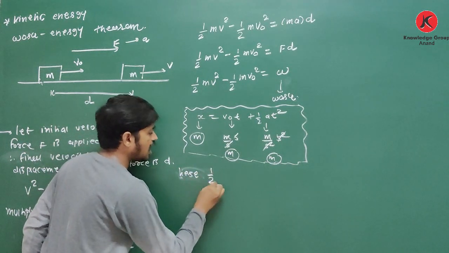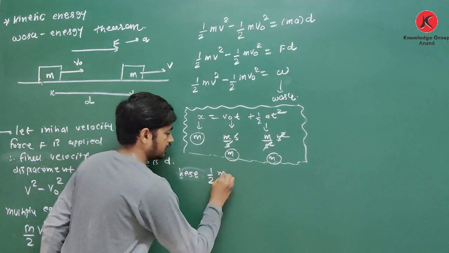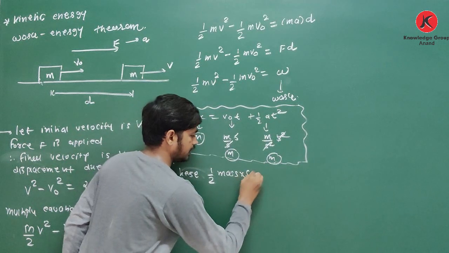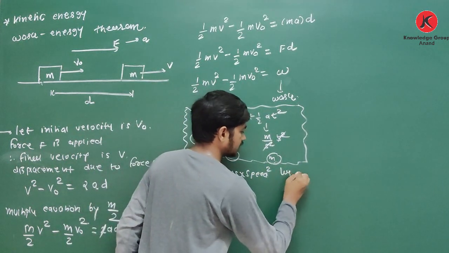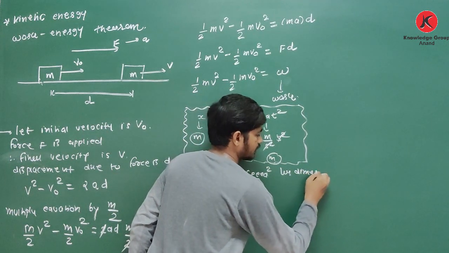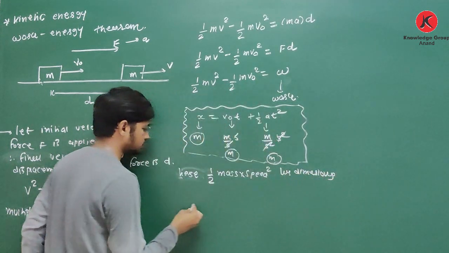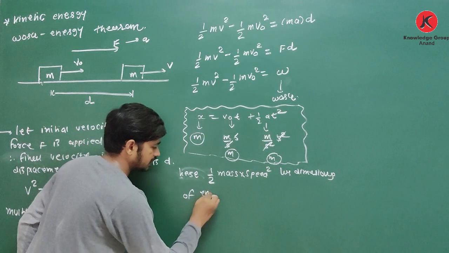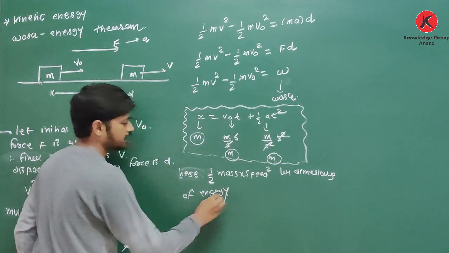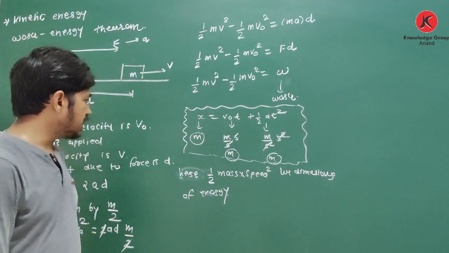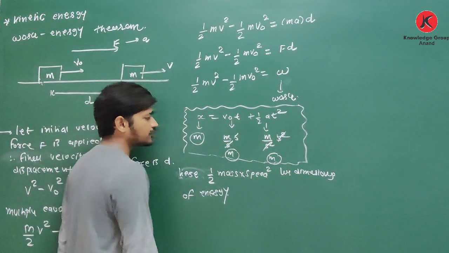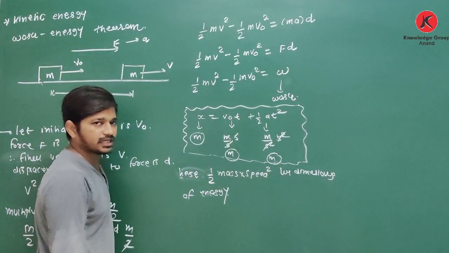Here, half mass into speed square has dimensions of energy, because work and energy have the same dimension.